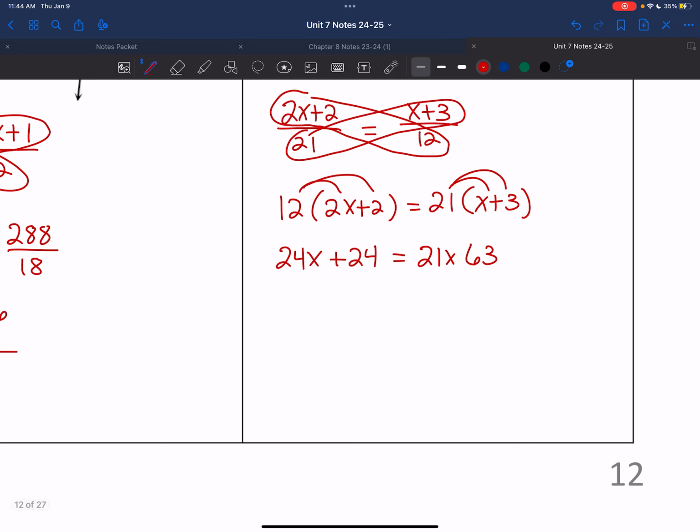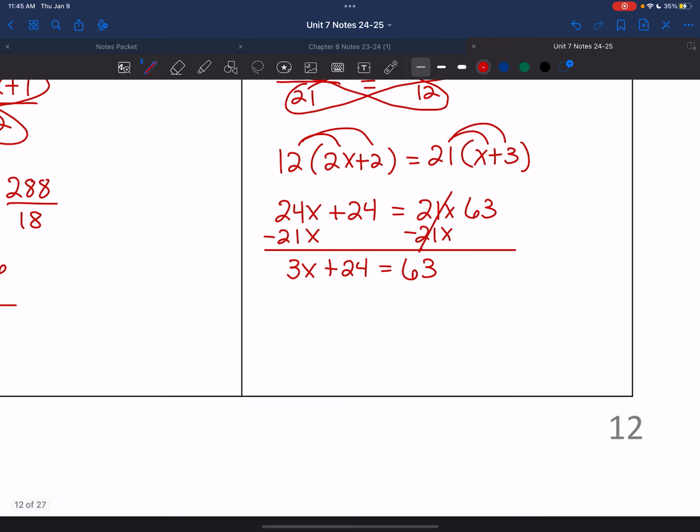Now, what I want to do is I want to get all of my x values on one side and all of my constants on the other side. So I'm going to move this 21x to the left side. So I'm going to subtract 21x. And that gives me 24 minus 21 gives me 3x. I still have the plus 24. Equals, these cancel, and I'm left with 63 on the right side.